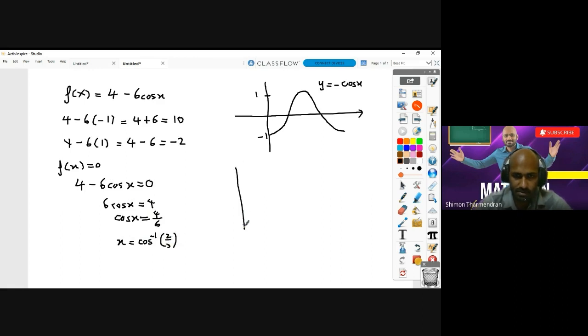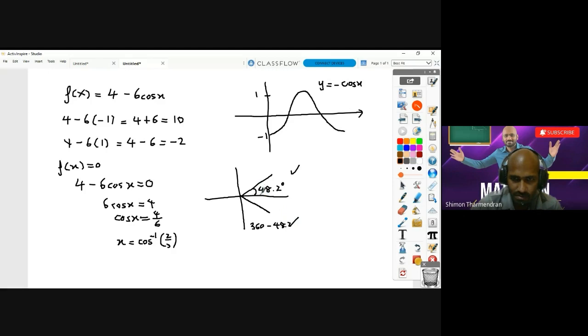So you got two answers here for the given domain. We got 0 and 360. If you press cos inverse 2 over 3 over here, you will get 48.2 degrees. Cos adalah positif di sukuan pertama dan keempat. What is the rule for the sukuan keempat? 360 minus 48.2.